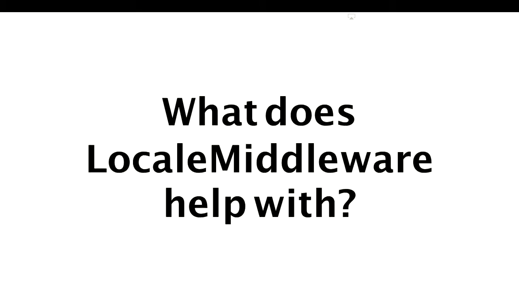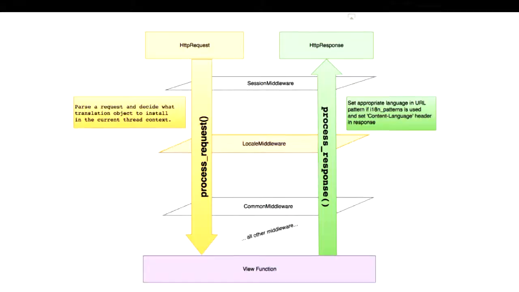So yes, let's see what locale middleware helps with exactly. It's a secret sauce in the translation machinery. Let's have a look at the Django request response cycle here. For the request part, it parses it and decides what translation object to install in the current thread context. For the response part, it does two things.